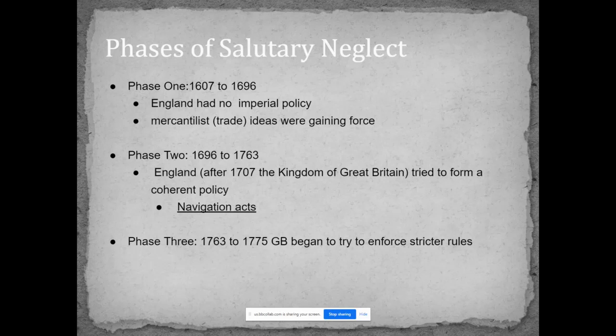And the goal of a mercantilistic economy within an empire is to solely rely on the colonies for trade. So you are not dependent in any way to rival nation states.